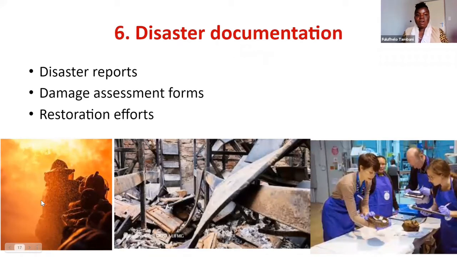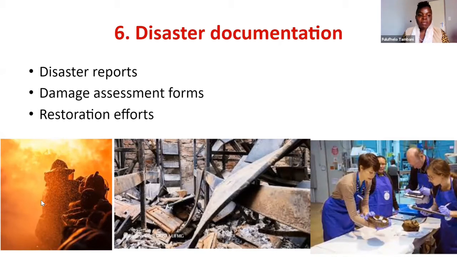Then in terms of disaster documentation, you need to have a disaster report or disaster reports. So if you were unfortunate to go through a disaster, whether it's a fire, a flooding, whatever is deemed a disaster and that affects the collections, there has to be a report on that, and it has to be kept on file.